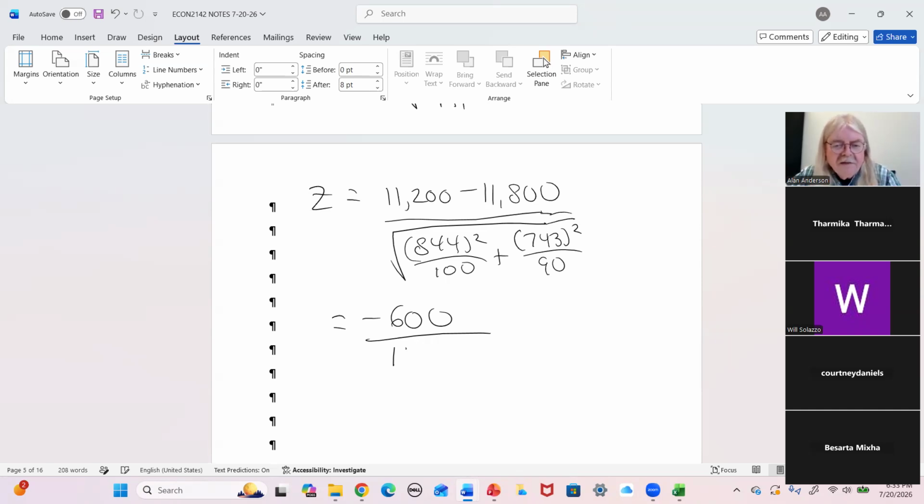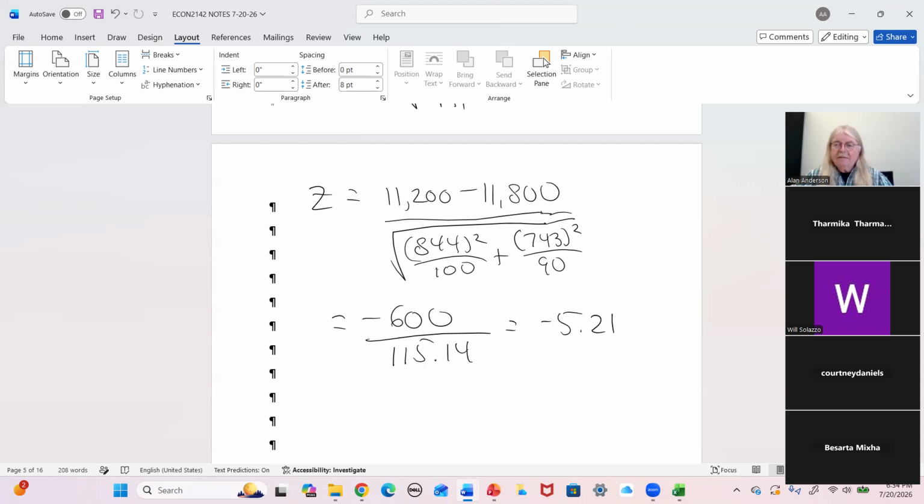115, 14. It's approximately negative 5.21. Now that's a big number under the standard normal distribution.